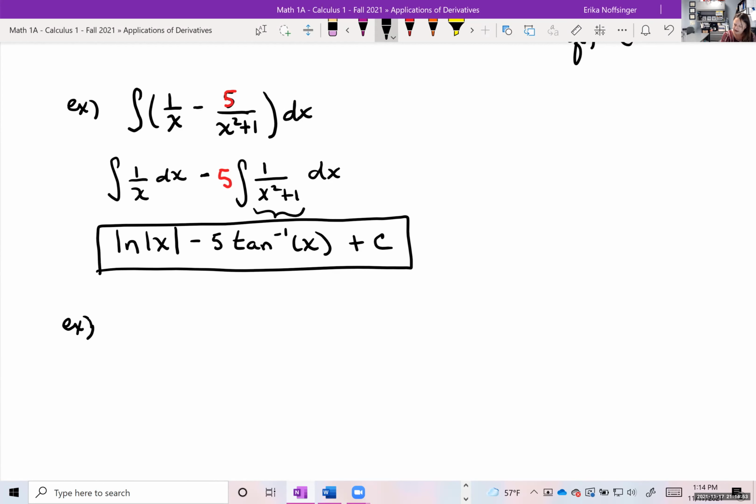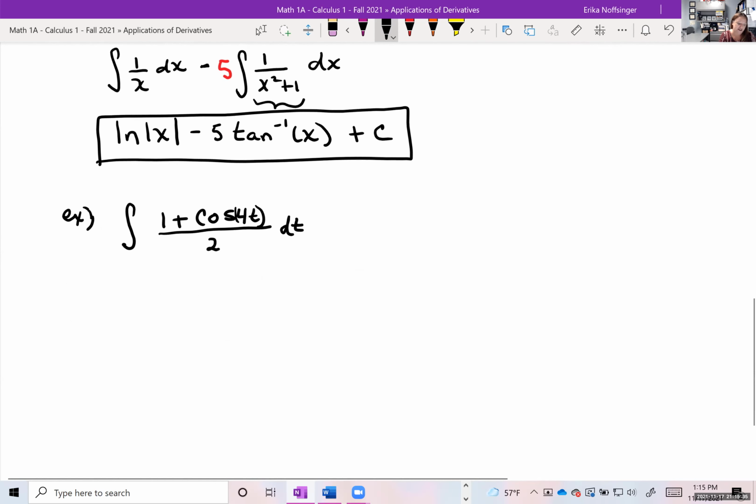So what about, I don't know, let's say the integral of (1 plus cosine 4t) all over 2 dt. Looking at this, I don't know how to integrate this yet, but I notice I can rewrite this and break it down into a sum of 2 fractions.